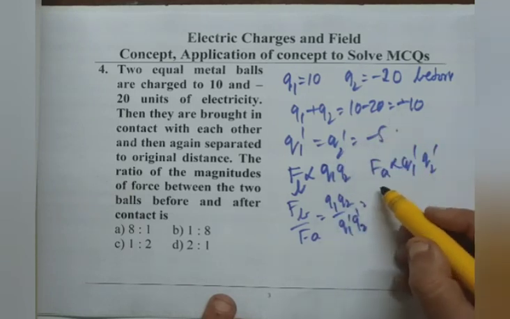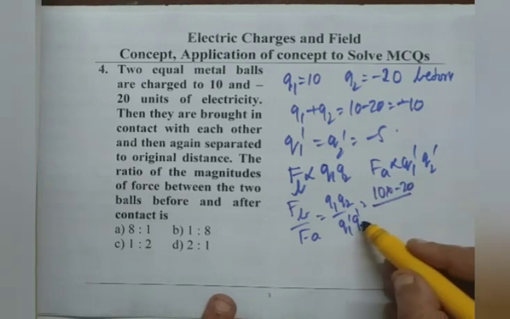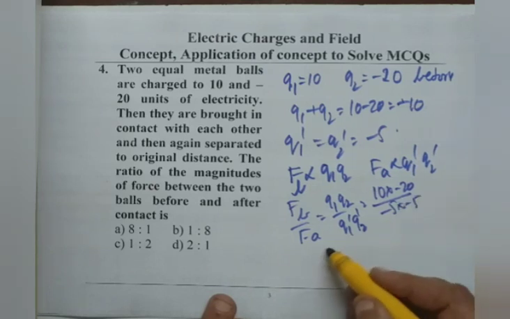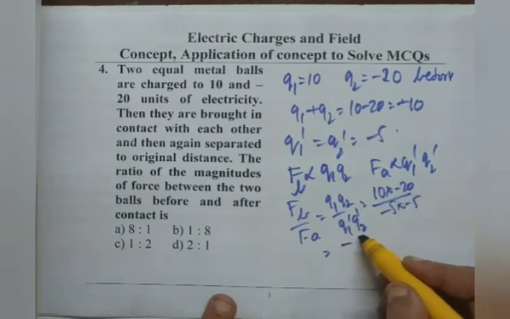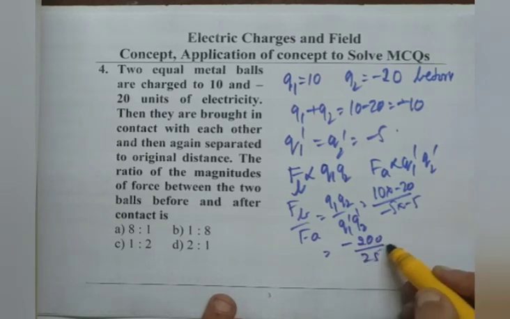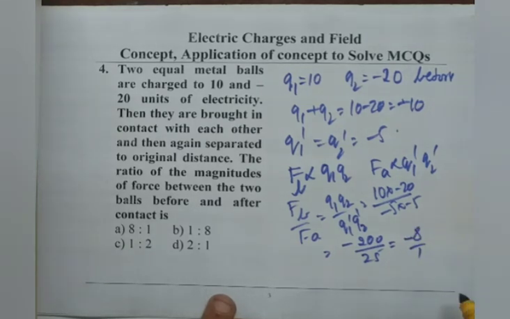Q1 Q2 product is 10 into minus 20. Q1 dash Q2 dash product is minus 5 into minus 5. That amounts to be minus 200 by plus 25. That means minus 8 is to 1. Therefore, neglecting the negative sign there, we can write the answer as 8 is to 1.